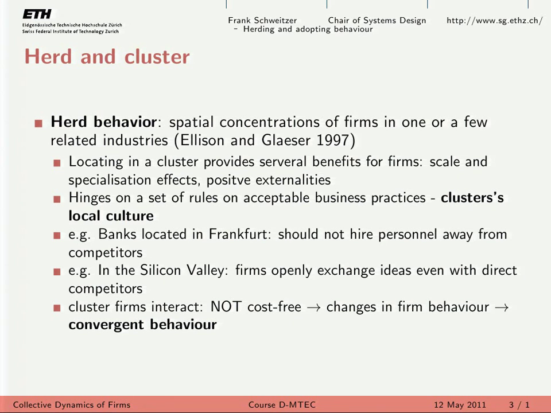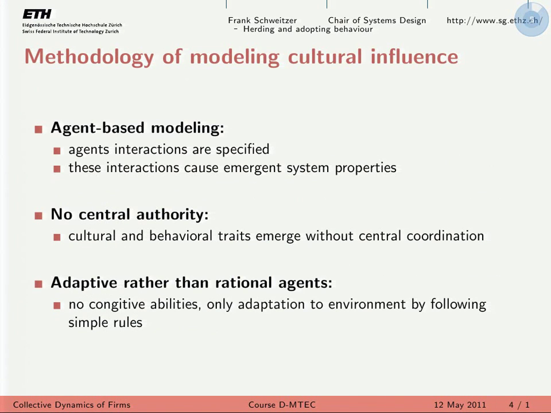So, the modeling has to start with an agent-based framework. That means we are not looking into density functions of how firms are distributed. We look into the problem of aggregation from the perspective of a single agent. So it is also important that we do not enforce the result, namely the emergence of a cluster and a local culture, by putting this in somehow in the model.